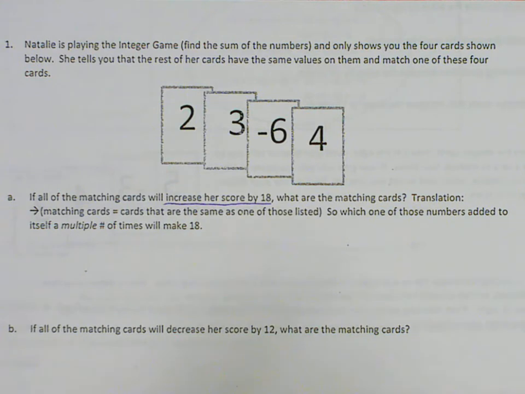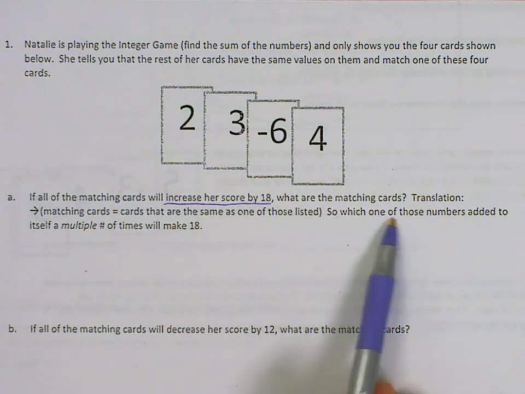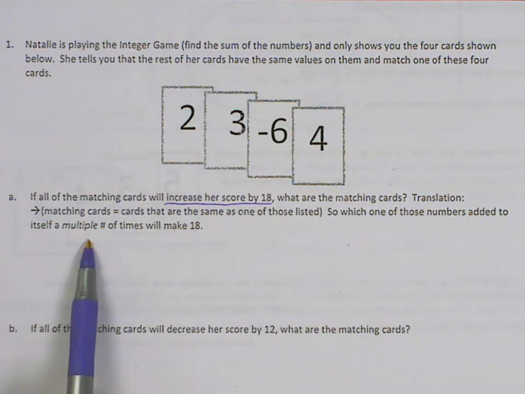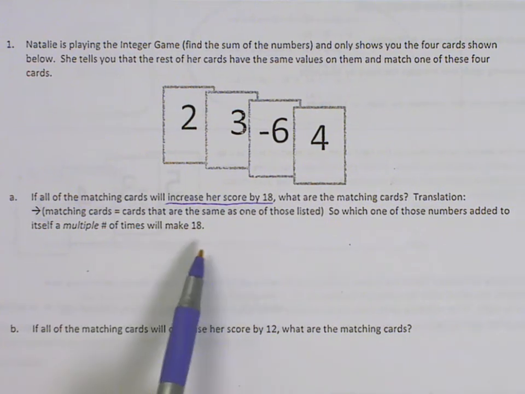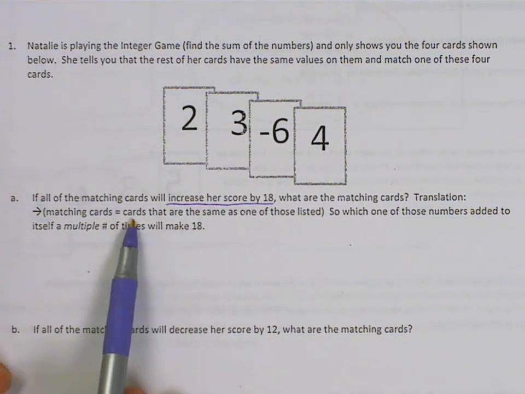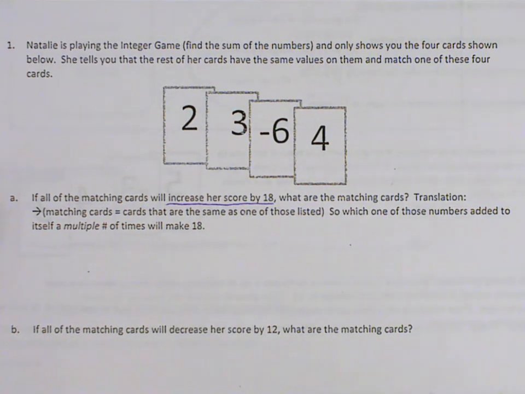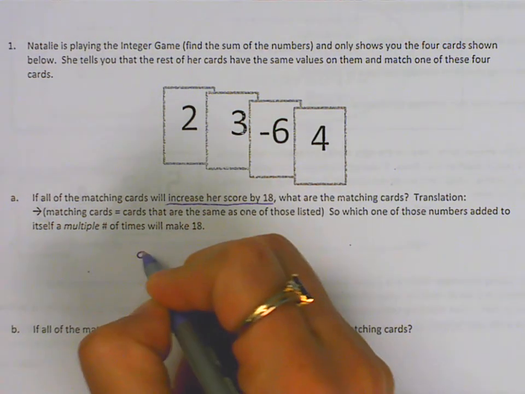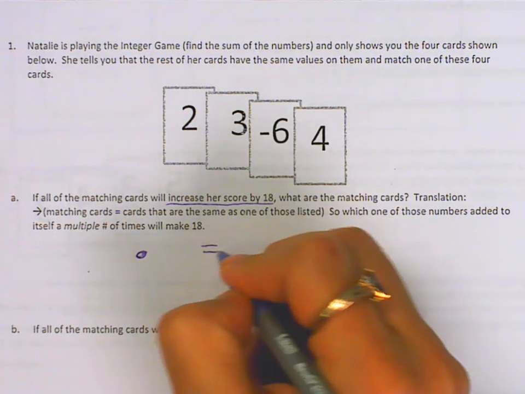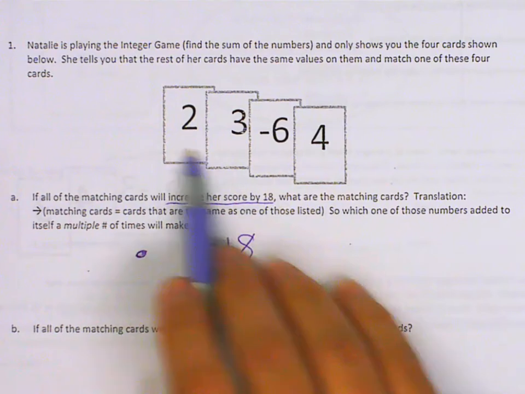What could her cards be? So which one of the numbers added to itself multiple times will make the 18? I need to make a positive 18. So what topic are we doing? We're doing multiplication. What can you multiply? Which one of these numbers is a factor of 18?